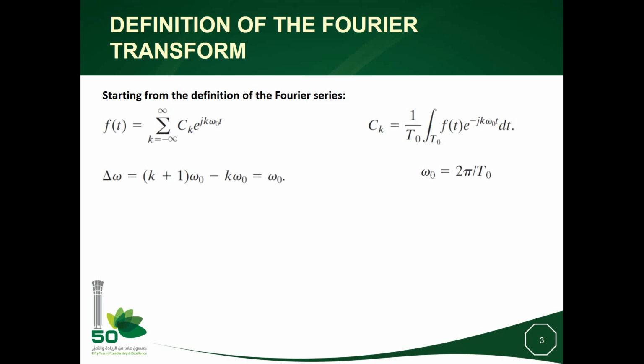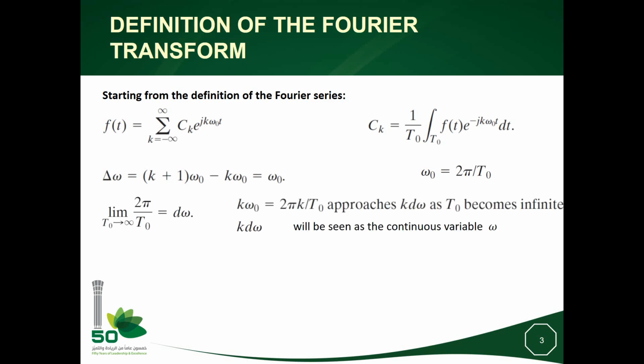So the variation of omega is constant because k took values in the set Z, the set of integer numbers. But if we replace k by a real number, we will see that the difference will not be constant. It will be dependent on k, which is in this case a real number.